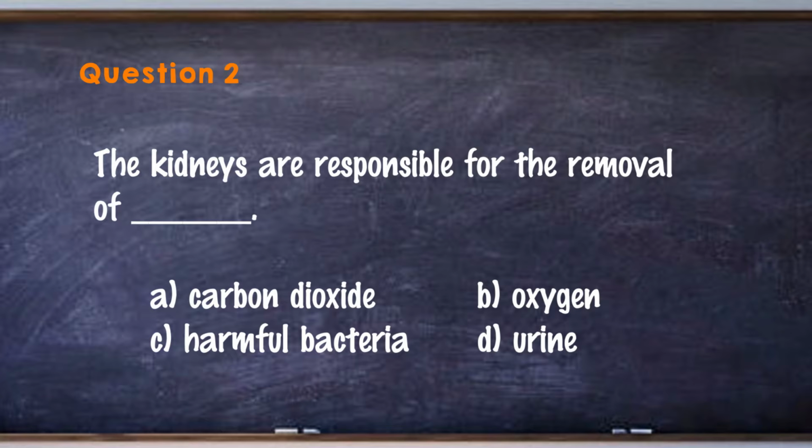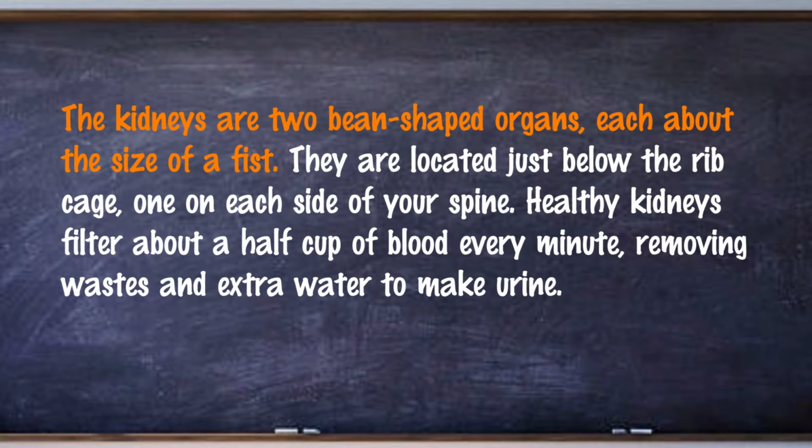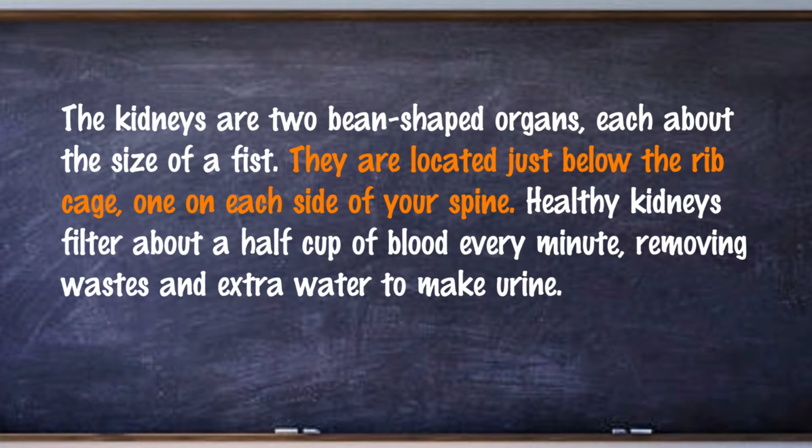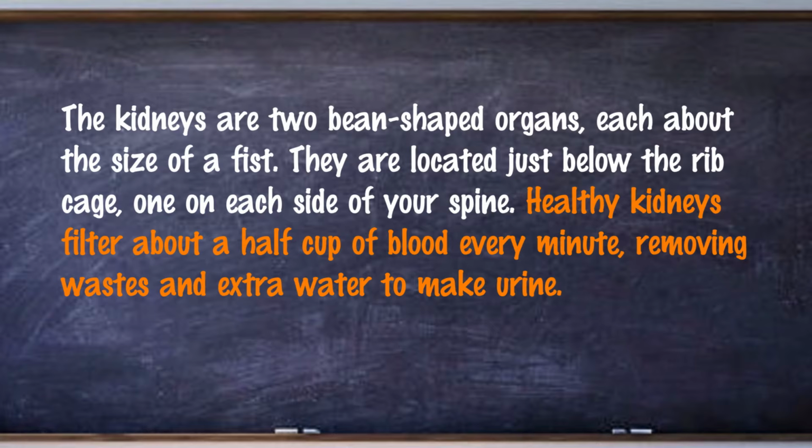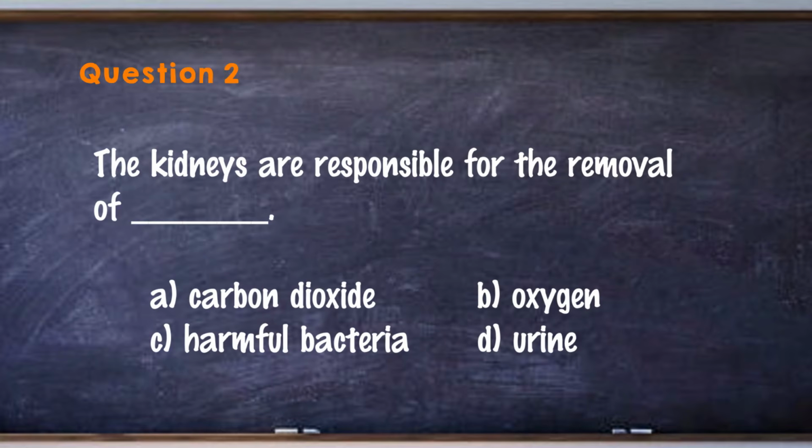Just in case you need a refresher, here is the basic function of the kidney. The kidneys are 2 bean-shaped organs, each about the size of a fist. They are located just below the rib cage, one on each side of your spine. Healthy kidneys filter about half a cup of blood every minute, removing waste and extra water to make urine. So what is the correct answer?